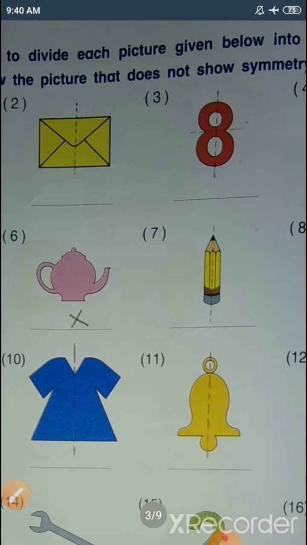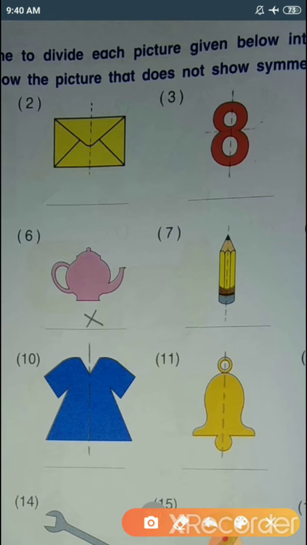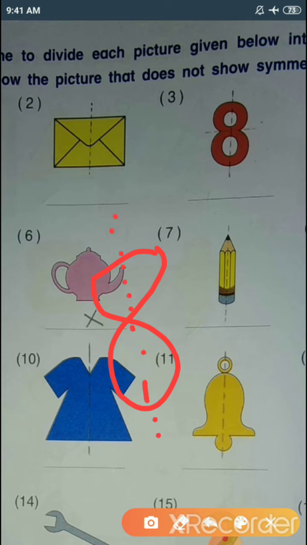Question number 3. The shape of 8 is given. Now we need to show whether it is in symmetry form or not. If we draw a vertical line, then we can see that part 1 is like part 2.